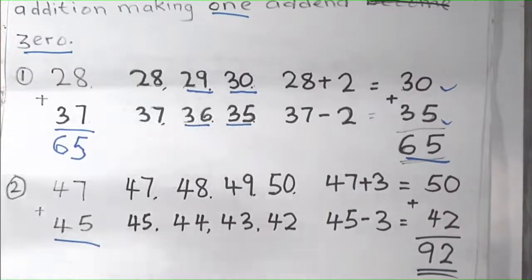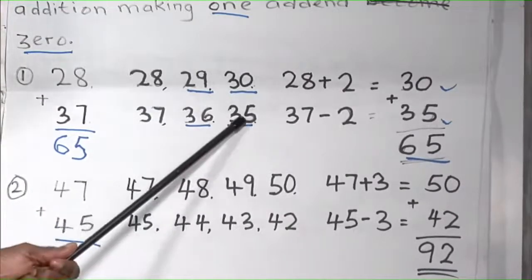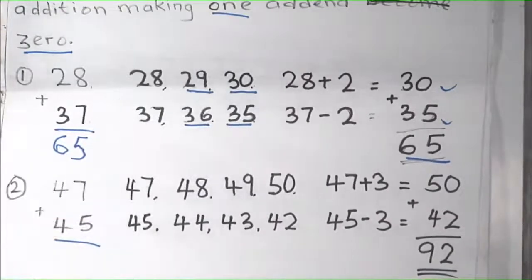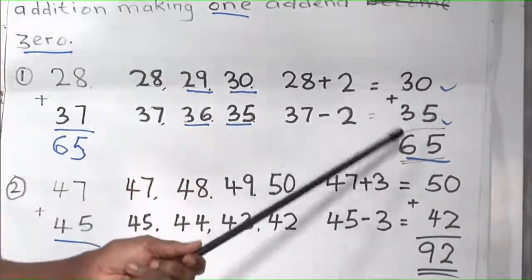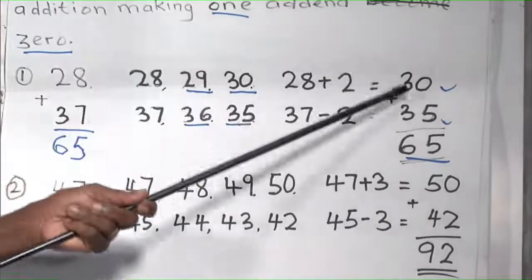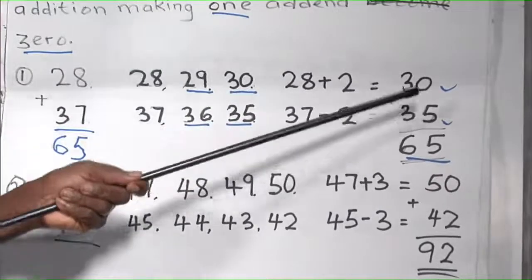When we take another one, we get 35. So how many numbers are here? 2. So that will make 37 minus 2, and that will give us 35. So now the problem becomes 30 plus 35.